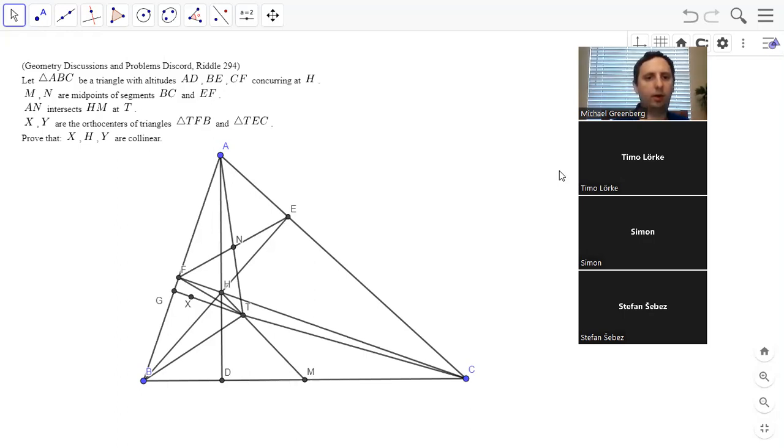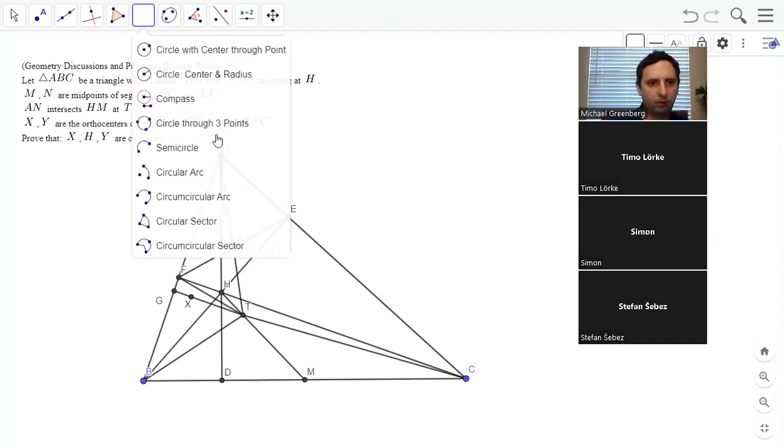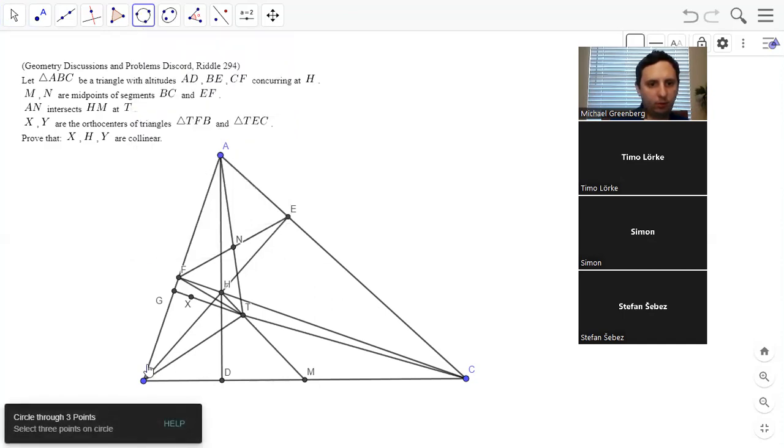Maybe we could show XT squared, XA squared minus XT squared. X is the orthocenter here, and we want to use that.